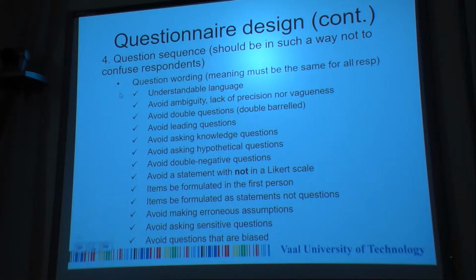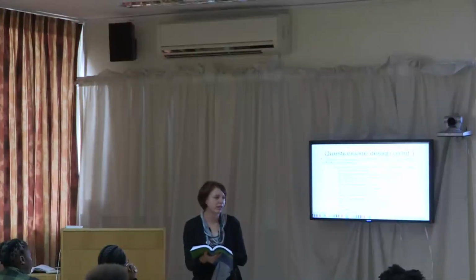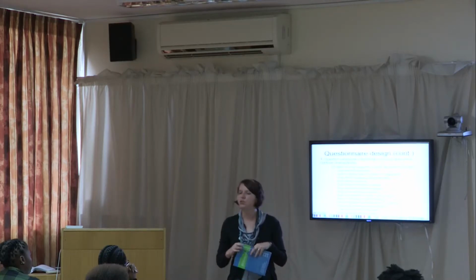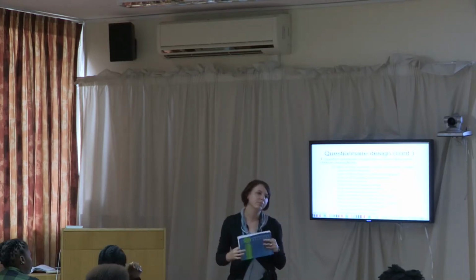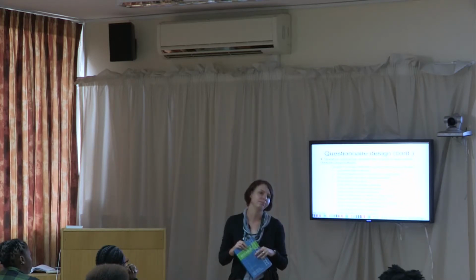Avoid making erroneous assumptions. For example, assuming that your respondent only has one car when in fact the respondent has 5 cars, or assuming that your respondents have children. Say your respondent does not have children, but you ask them, how many children do you have?